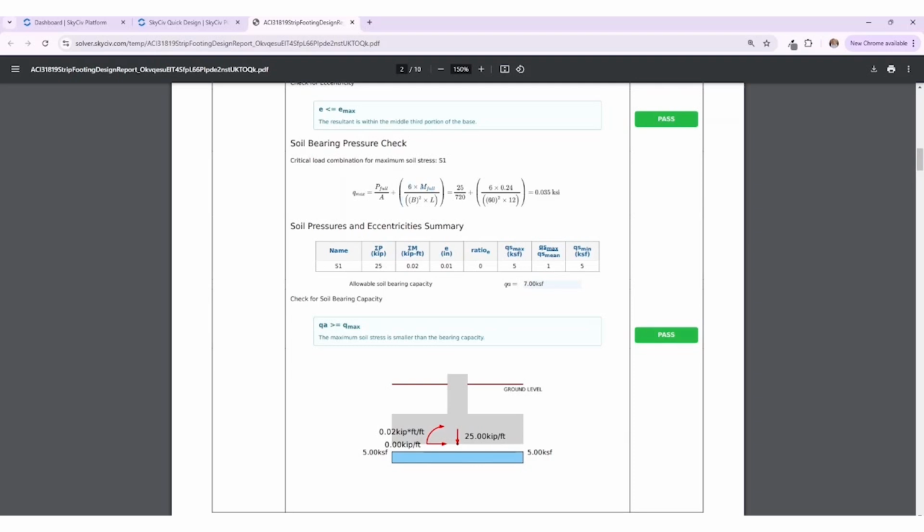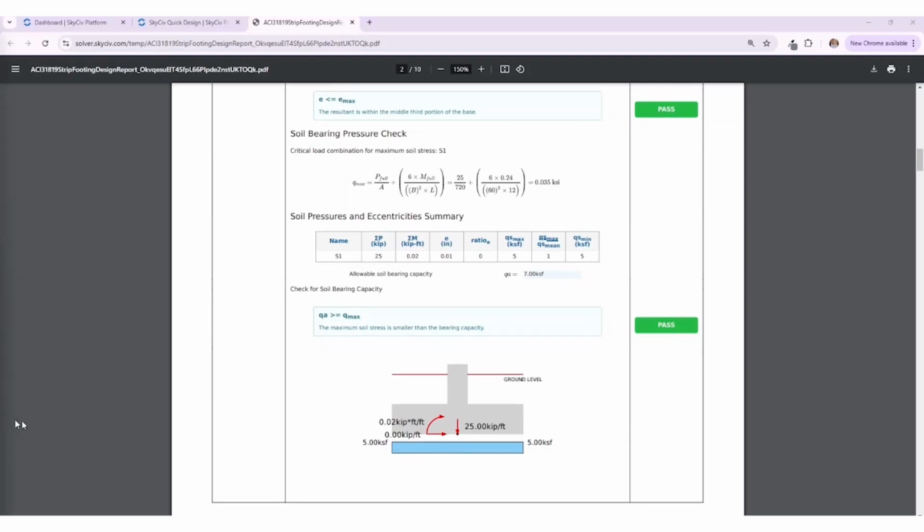So 6 times M full over B squared times L, where B is the width of the footing and L is the length, which here we just have 12 inches. So we're just checking 1 foot length.